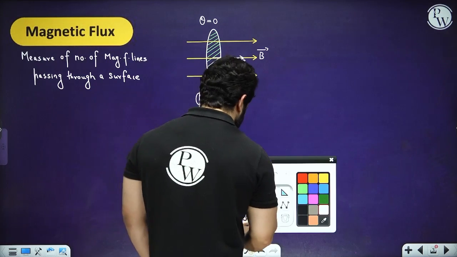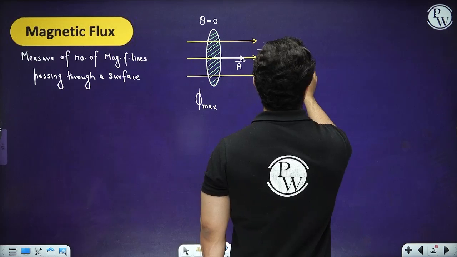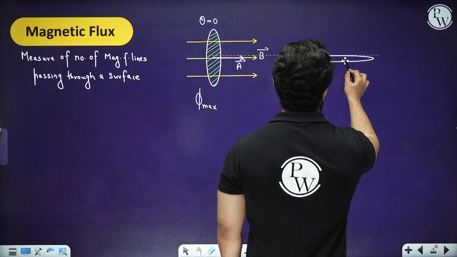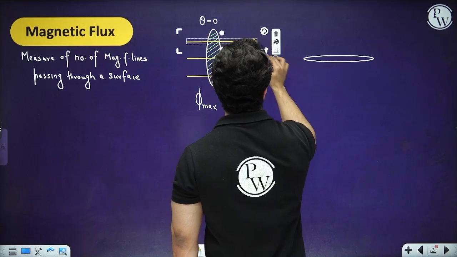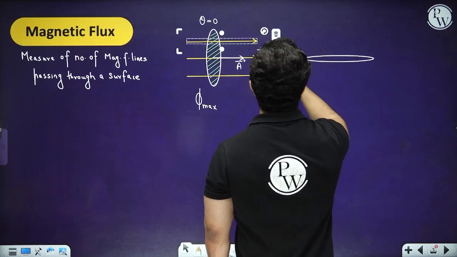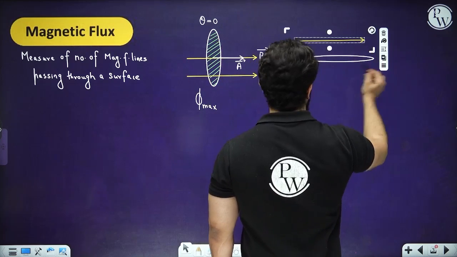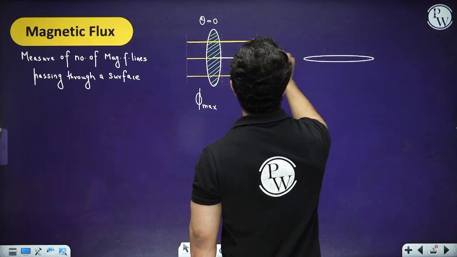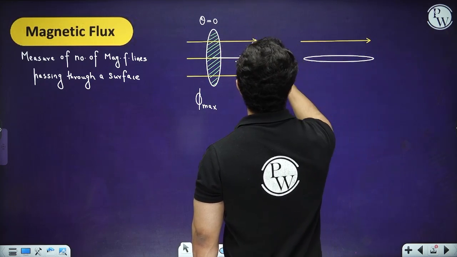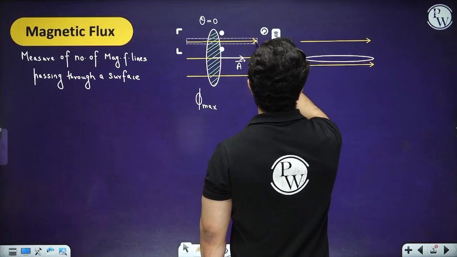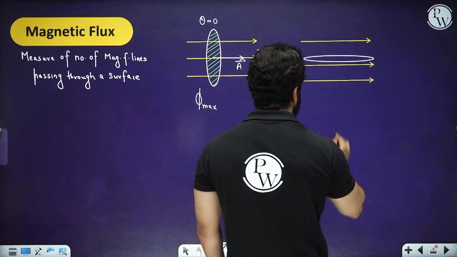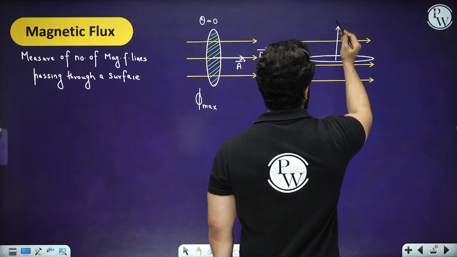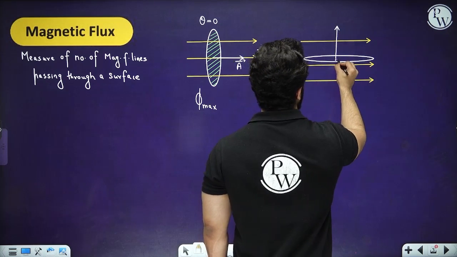In another case, let's suppose we have got an area vector like this and similar magnetic field lines. Now in this case, we can see that the area vector is perpendicular to the magnetic field lines, isn't it?